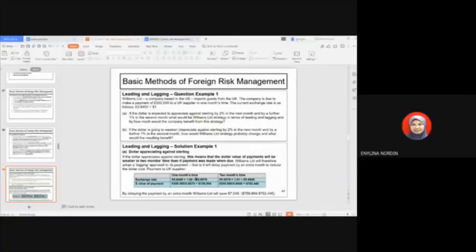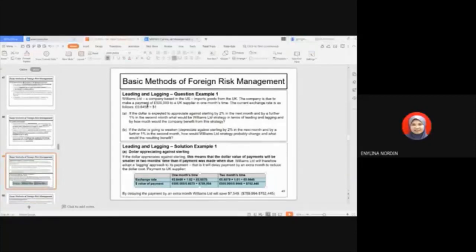You can see here, when the pound becomes depreciated, there will be more pounds to be converted into $1. So it becomes more expensive to convert pound into dollar. But for the US company, there will be fewer dollars to be converted into pounds.